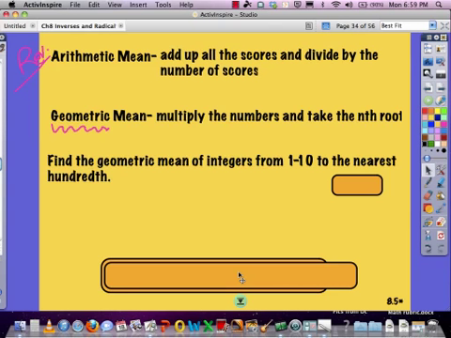And you should get a number, and that number then you need to take the, in this case, 10th root, because we had 10 numbers we were multiplying. And you can take the 10th root either with the root key or with your fraction. Look. And again, read directions carefully because they ask for an answer rounded to the nearest hundredth.